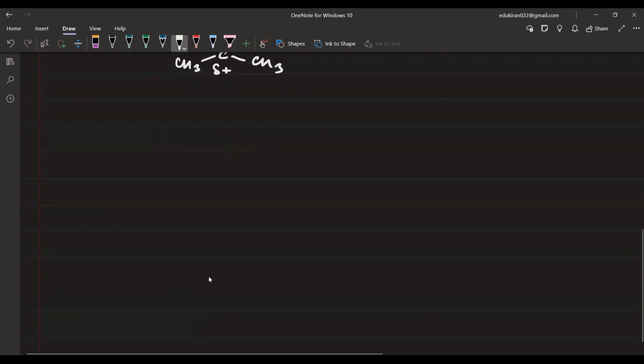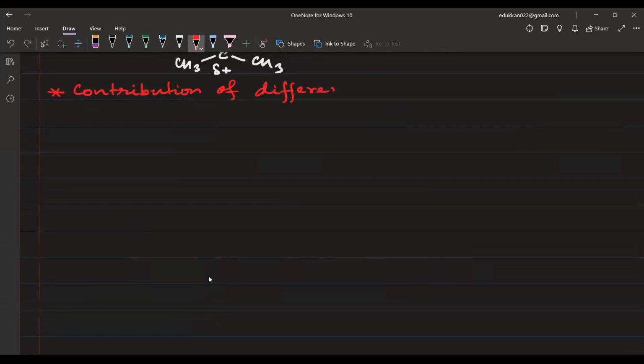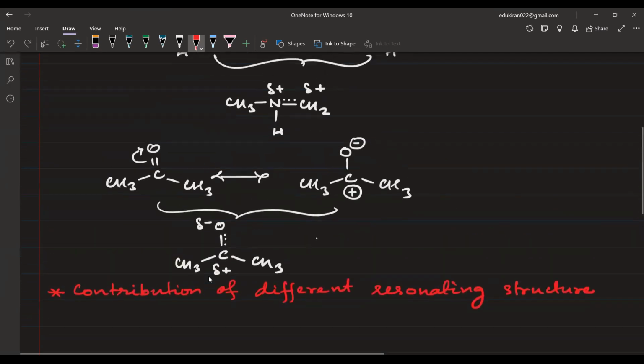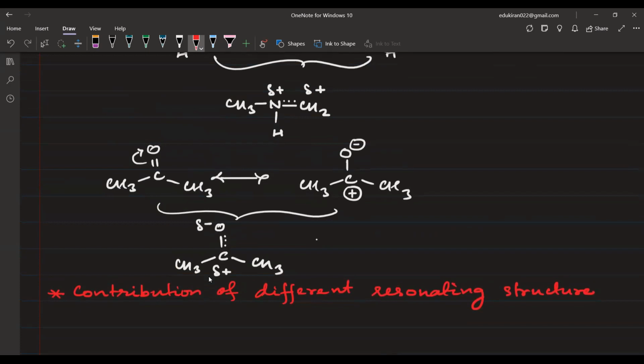Contribution of different resonating structures. Please write. We all know that the resonance hybrid structure is made by different resonating structures.